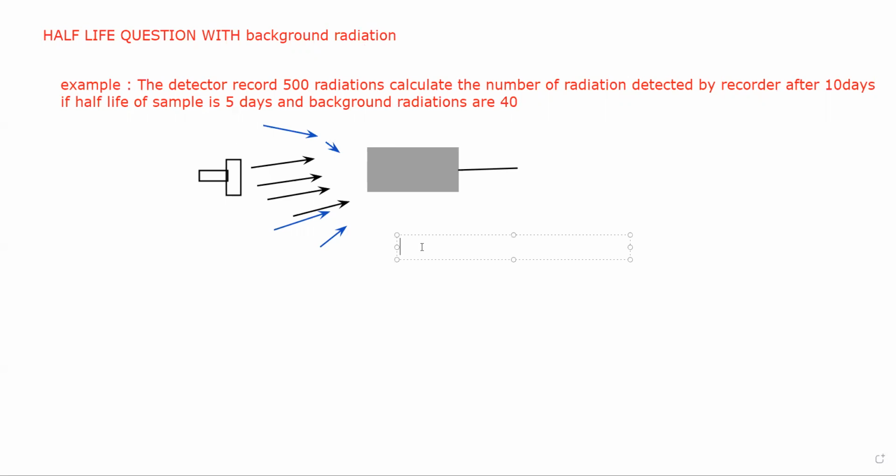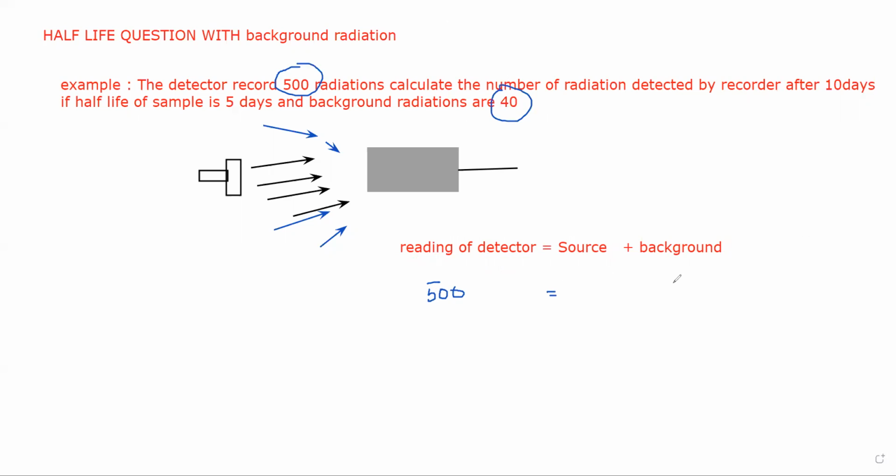So we can say the reading on the detector is equal to source radiation, I'm writing in short source, plus background. In the beginning, the detector is recording 500 radiations. So the reading on the detector is 500.